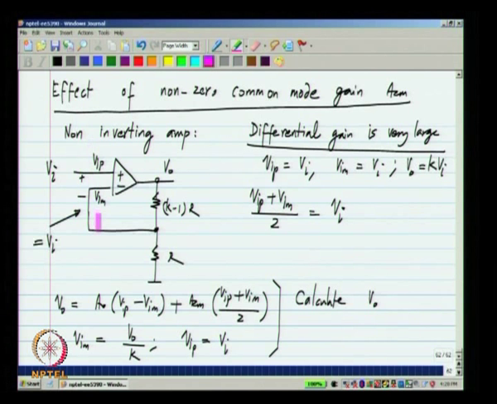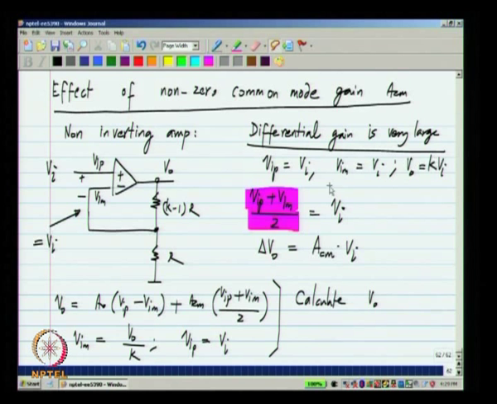If the input varies by some amount, the negative input follows that. So, the average value of the two is exactly same as the input. Now, because of the common mode gain, the output experiences some change, and that is equal to the common mode gain times the average value, which is the same as Vi.